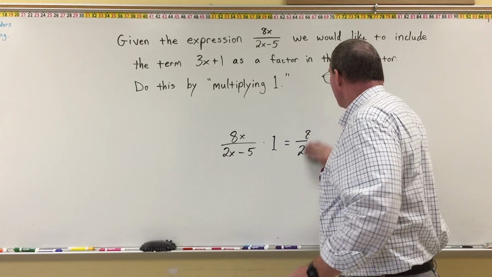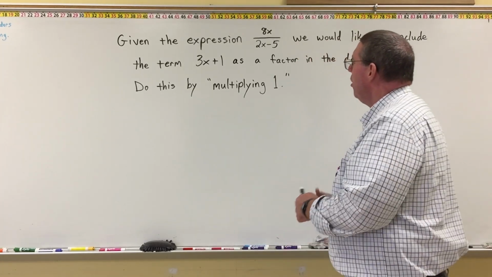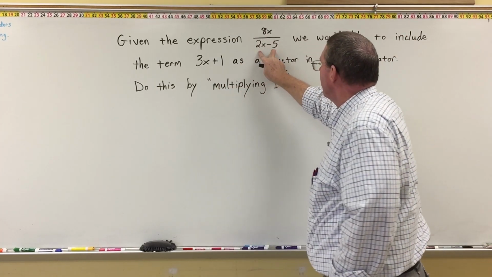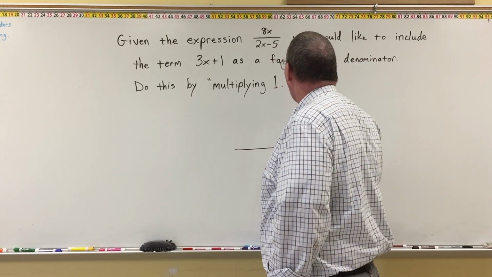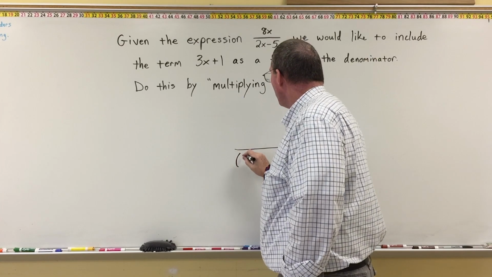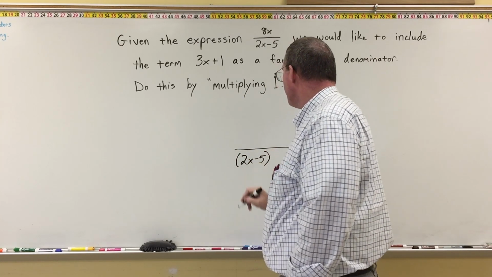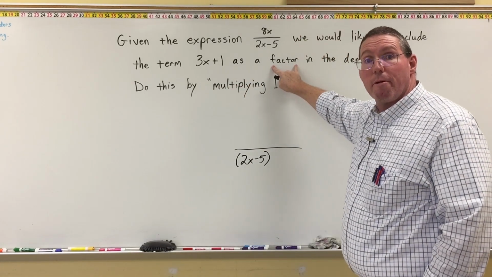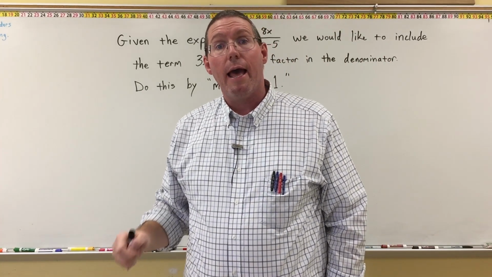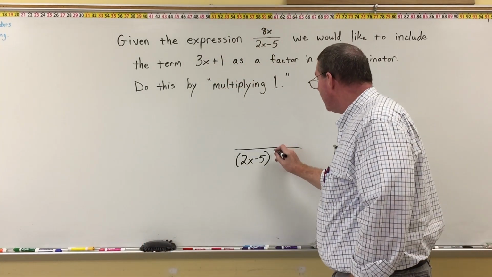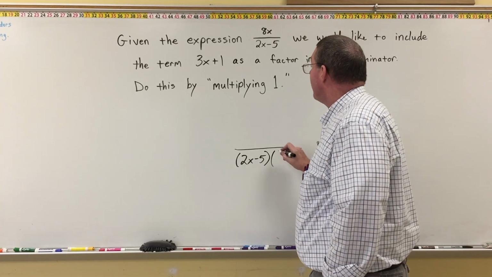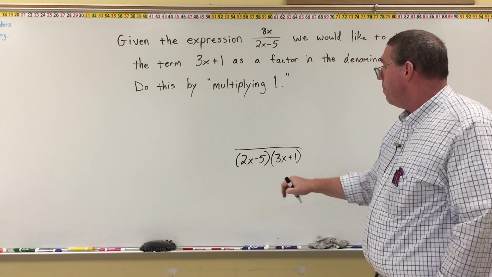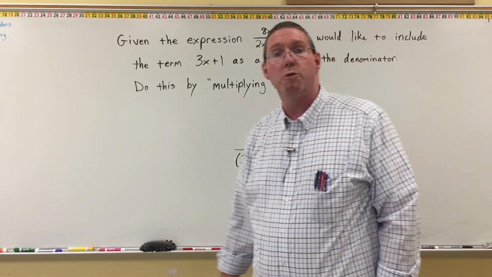All right, so here's what we want to do. We want to put 3x plus 1 into the denominator. And here's what that should look like. In the denominator, we have 2x minus 5. We're going to put that inside of parentheses because we're putting 3x plus 1 as a factor. Remember, factor means multiplication. And if we're going to be multiplying, we have to be concerned about distribution. And since we're concerned about distribution and multiplication, because they're binomials, we need to put them into parentheses.